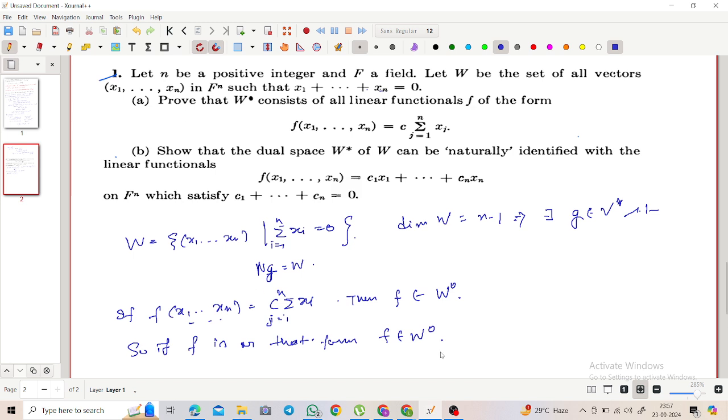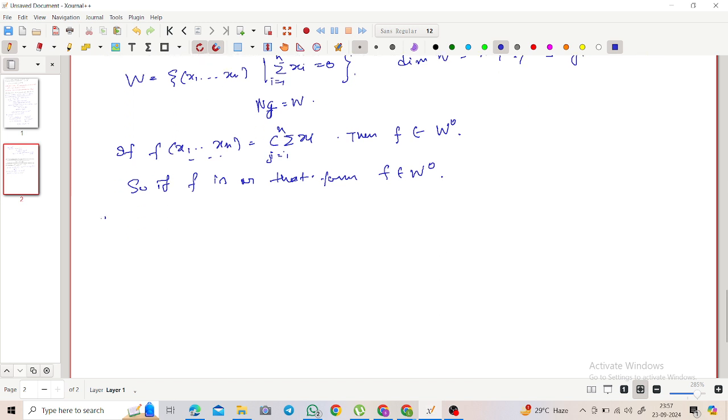We will prove the opposite: that if f belongs to W naught, then f of x1 to xn is the summation of c times xi, i running from 1 to n. Okay, we will prove it.